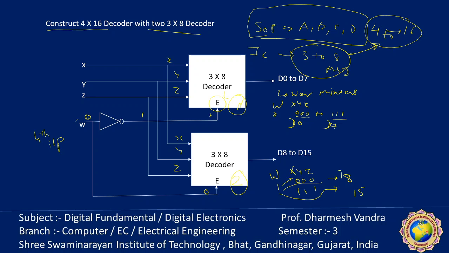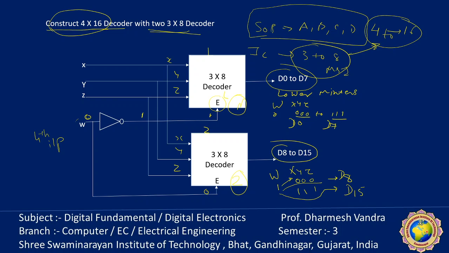So D8 to D15 work as the outputs of the second decoder. So in this way, two decoders can be expanded into a higher size input decoder. In this way, we can design a 4 to 16 decoder with the help of two 3 to 8 decoders.